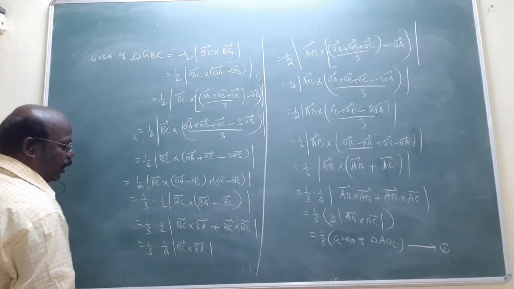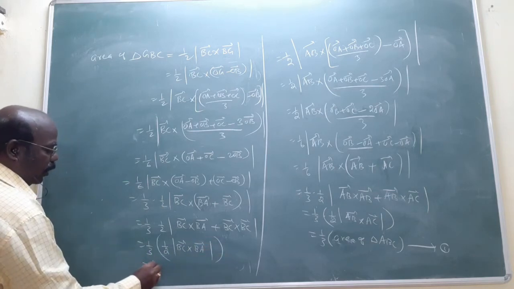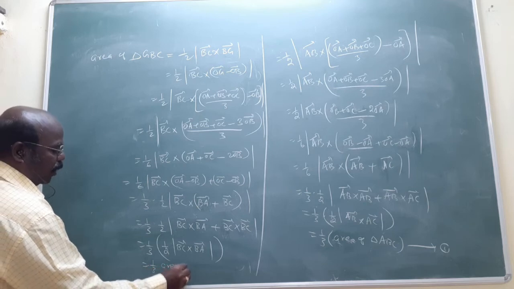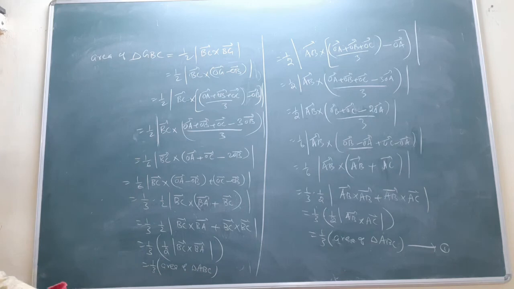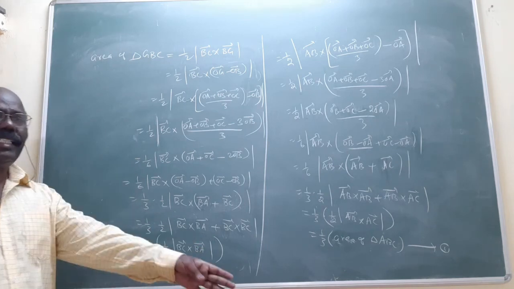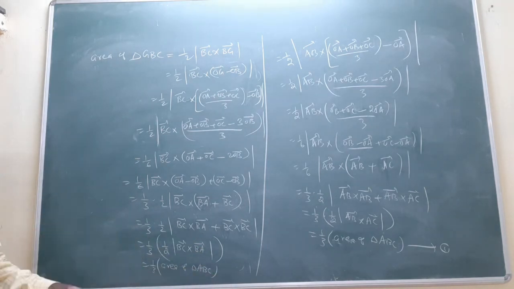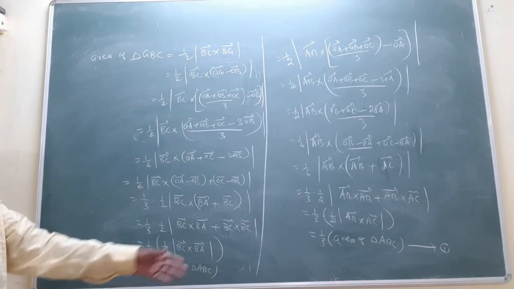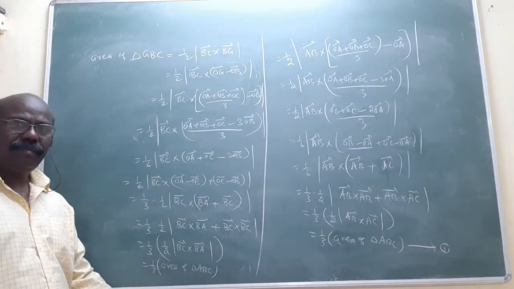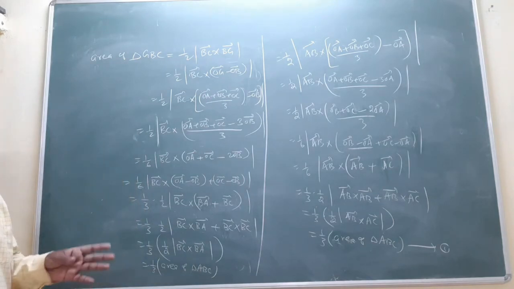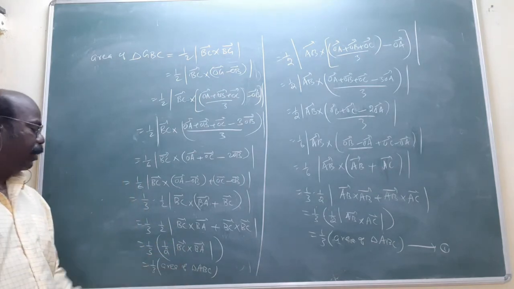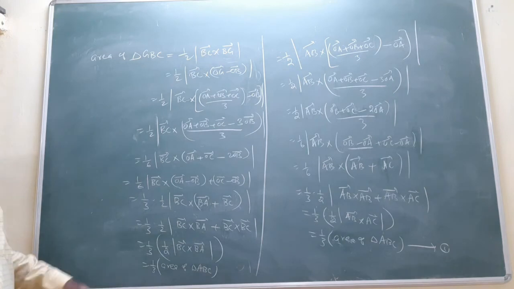This is actually 1 by 3 into the area of triangle ABC. Already told you, in triangle ABC, the cross product of 2 adjacent sides, BA vector and BC vector, because the modulus is there, so BC cross BA also both are the same. Am I correct? They are 2 adjacent sides. Therefore, this is the area of the triangle ABC. Therefore, this is the second part.